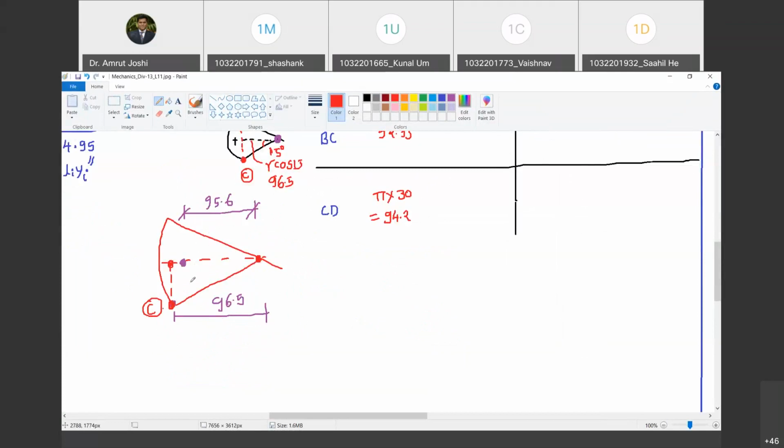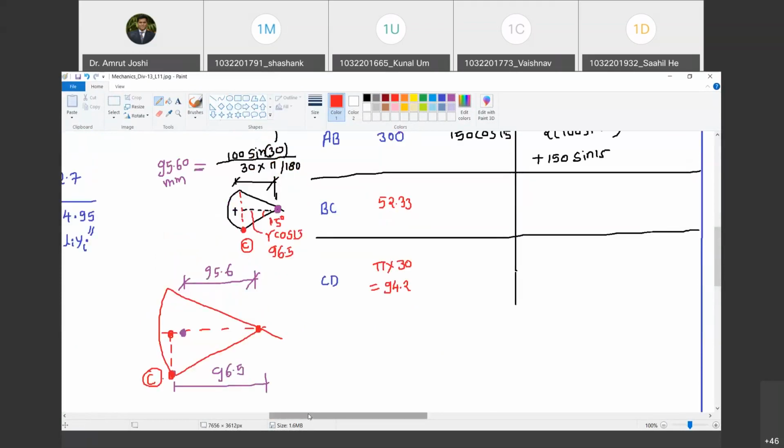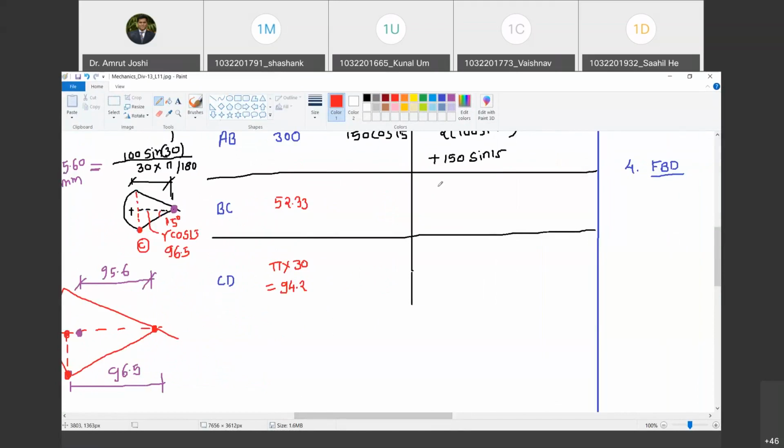And as this is 95.6, therefore this centroid lies on the right hand side of C. Happy? And how much is the distance? 96.5 minus 95.6. That is going to be its x coordinate, xi. So how much is that? Tell me. 0.9.